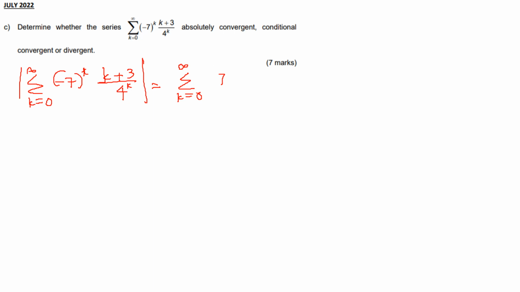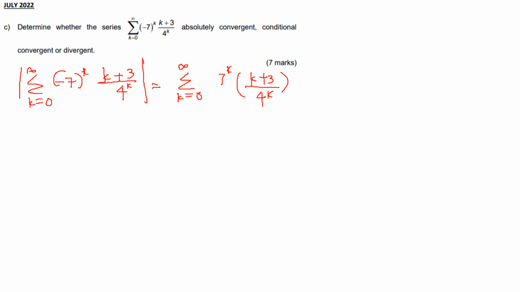So you will get 7 to the k, (k plus 3) over 4 to the power of k. Right, so by looking at this series, what kind of test is appropriate? We can solve by using the ratio test.